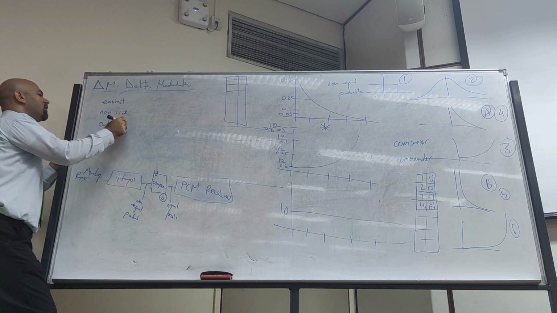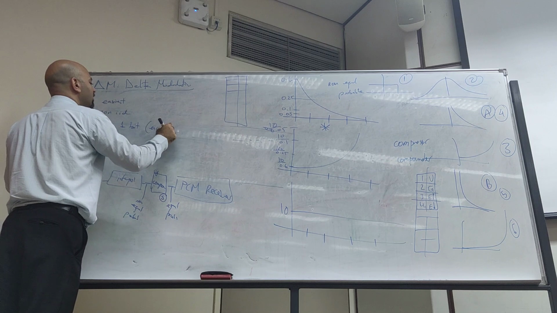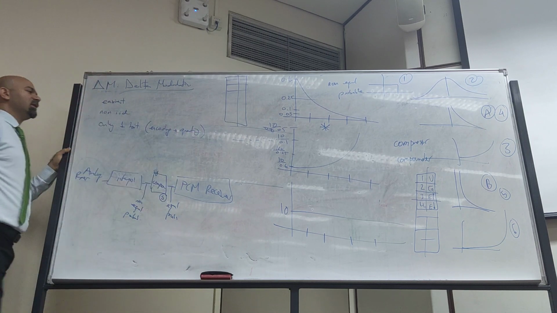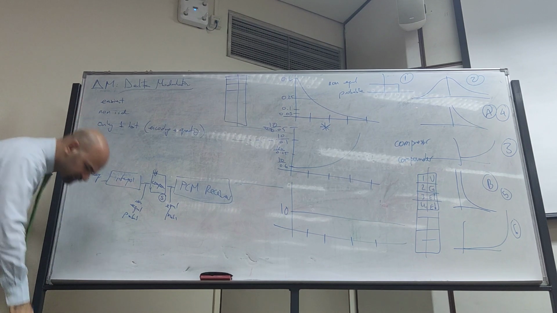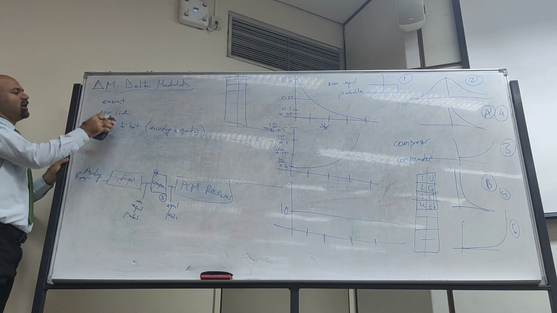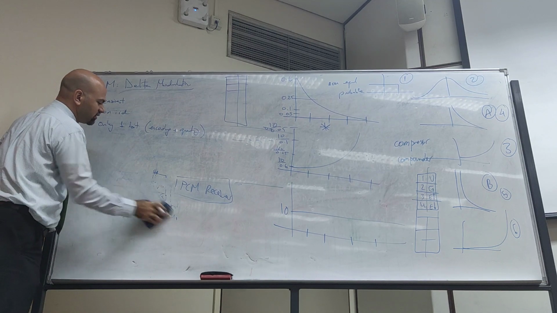Only 1 bit for encoding and for quantization. It sounds magic. Let's write down and I will explain how it works. Delta modulation: easiest, non-IID, only 1 bit for encoding and quantization.